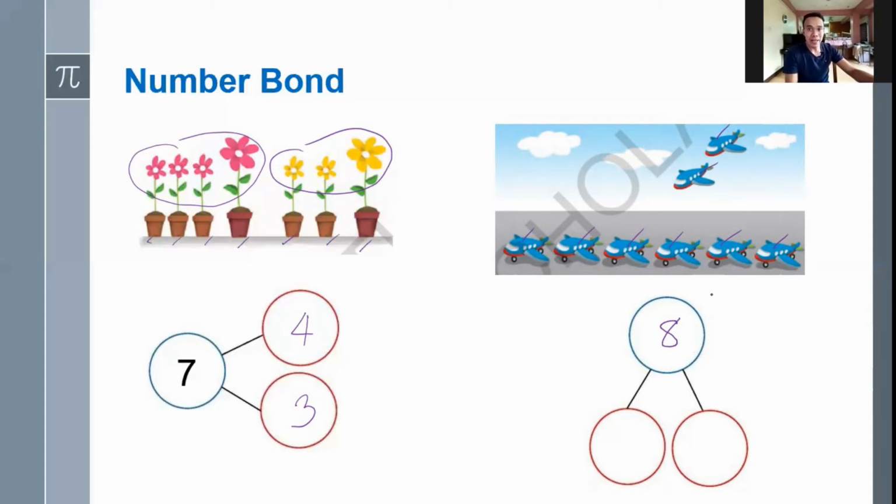How many planes are flying? We have one, two. Two airplanes are flying, and there are one, two, three, four, five, six airplanes on the ground. So we write here 6. 2 and 6 make 8. Can you think of other two numbers that make 8? You can tell me your answer during our Zoom session.